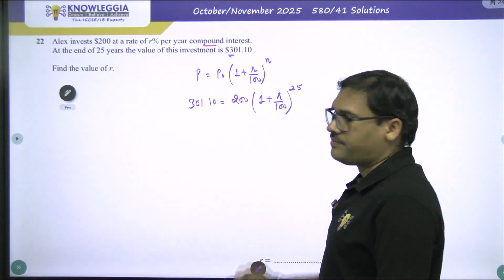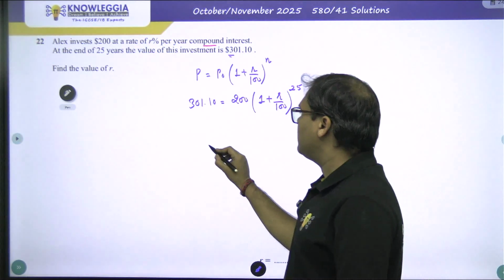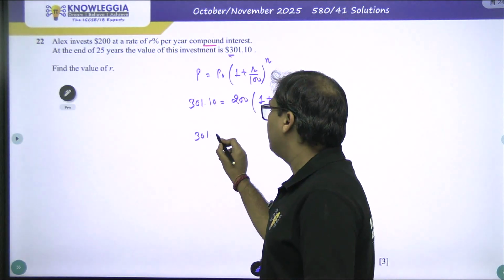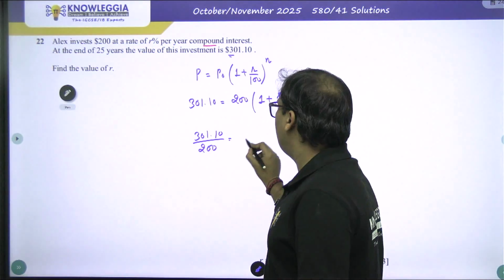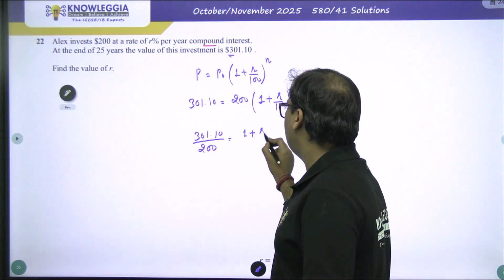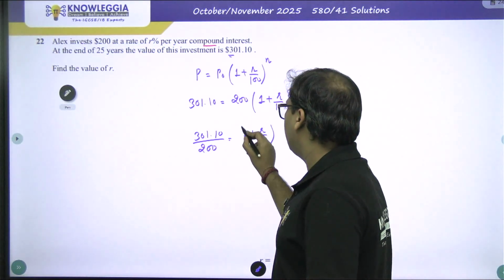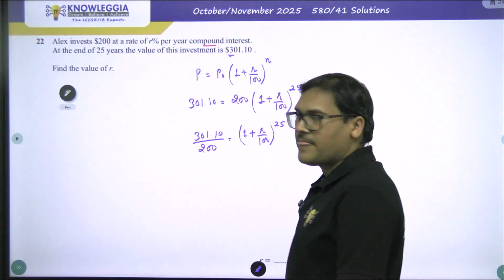So 301.10 divided by 200 is equal to 1 plus R upon 100 raised to 25.